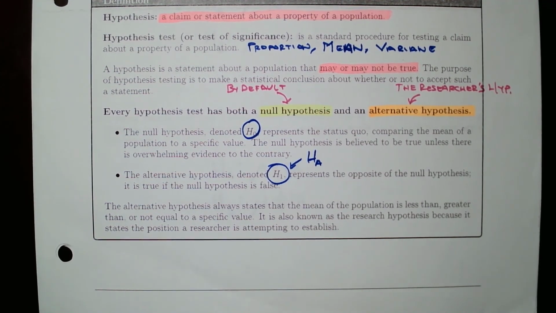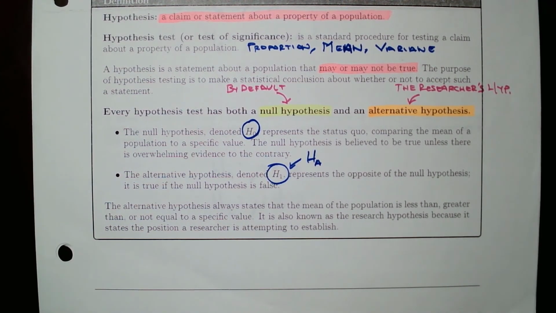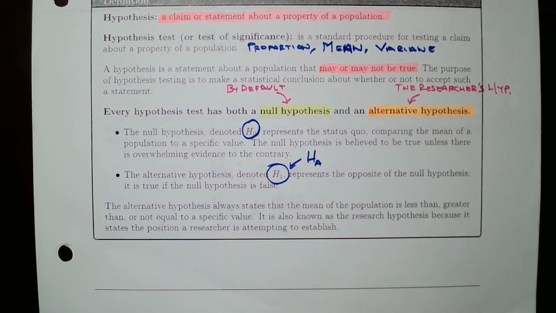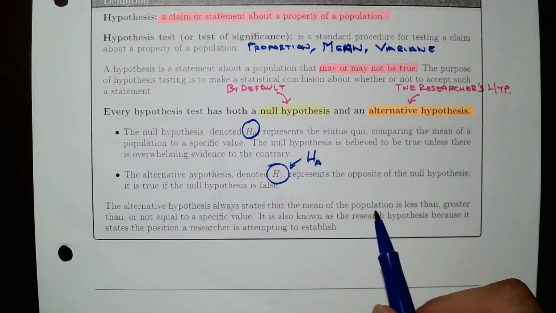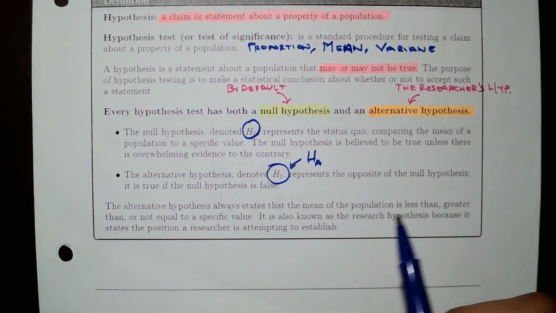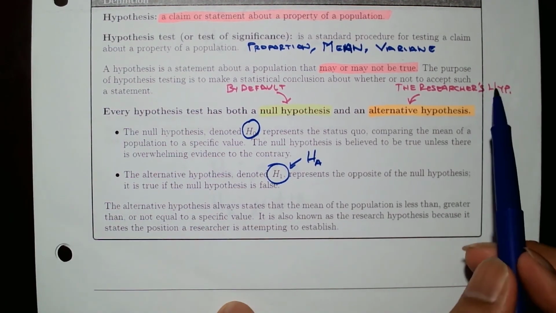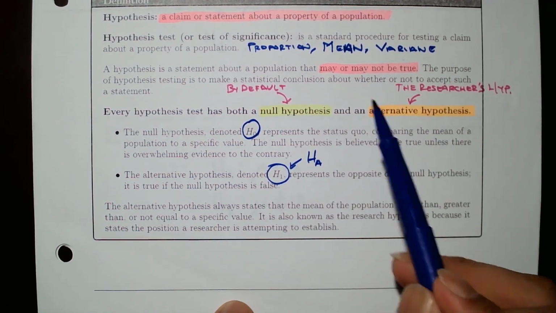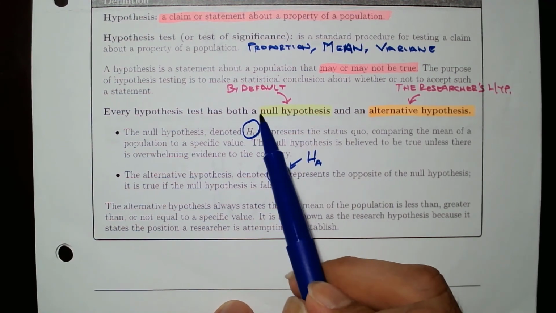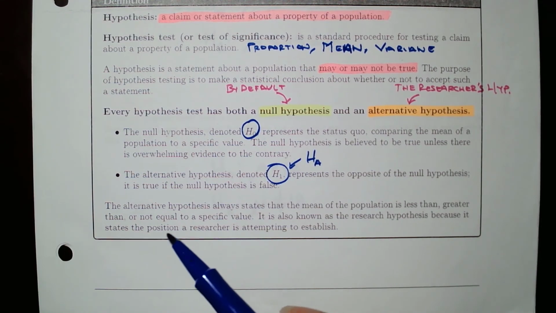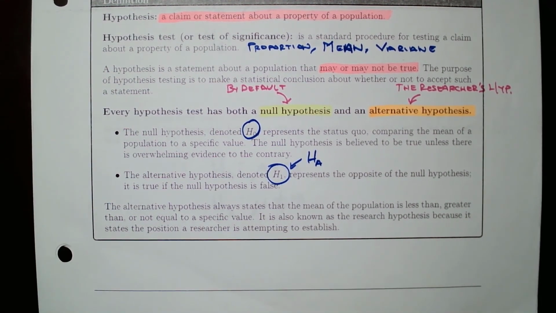The alternative hypothesis will always state that the mean of the population is less than, or greater than, or maybe not equal to some specific value that is by default set. It is also known as the research hypothesis because that's the one that will state the position of the researcher, or in this case, the position of the prosecutor, to determine whether the criminal is going to be guilty.